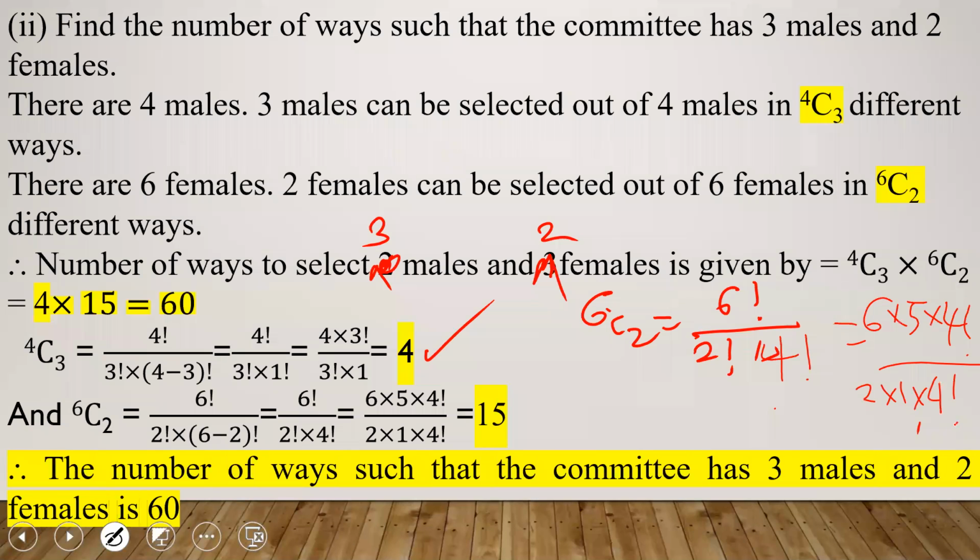You see 4 factorial and 4 factorial will get cancelled. So 6 into 5, that is 30, divided by 2. So I'll get 15.